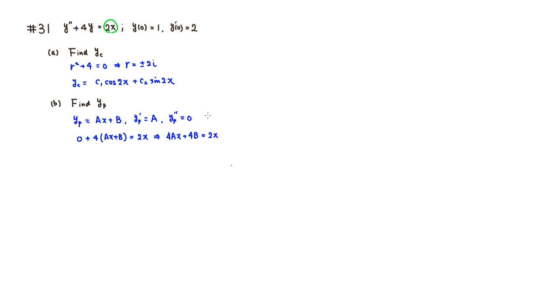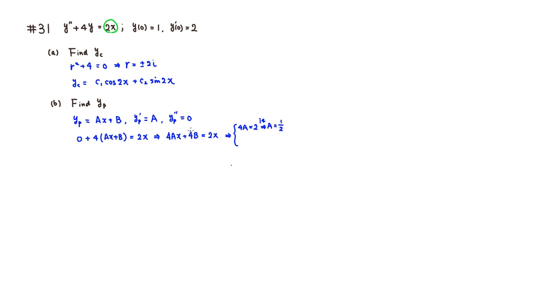From there, we can get a couple of conditions. The coefficient of x is 2 on the right hand side, and the coefficient of x is 4a, so we have to match that. 4a is equal to 2, so we can divide through by 4 to get the a value. 2 divided by 4 is 1/2.